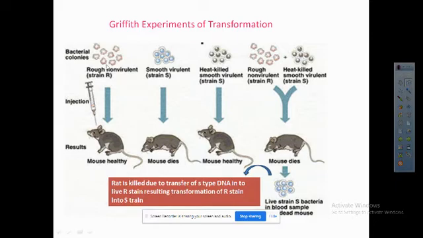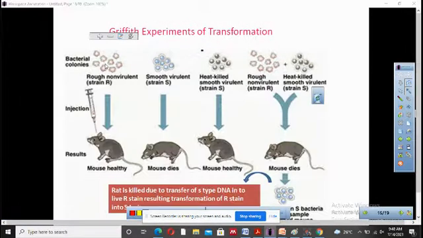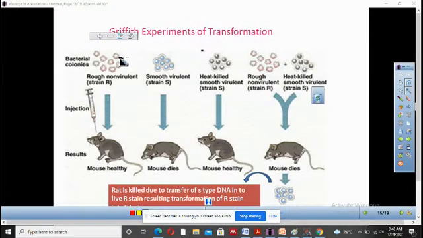Pneumococcus bacteria exist in two different forms. One has a rough surface, another has a smooth surface. What happens when the rough one is inoculated inside the mouse?